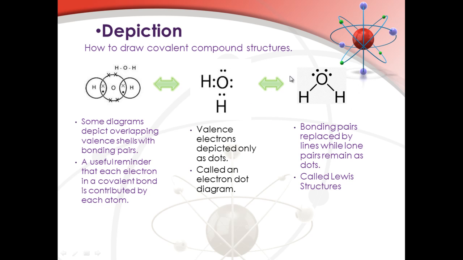Alternatively, we can replace the bonding pairs of electrons here and here with lines, and a single line represents a single bond, and we keep these unbonded pairs of electrons, which are called lone pairs, here and here. They tend to orient themselves as far apart from each other as possible, given that they're negatively charged. This sort of diagram, where we show lines as bonds and lone pairs of electrons, is called a Lewis structure or Lewis diagram.